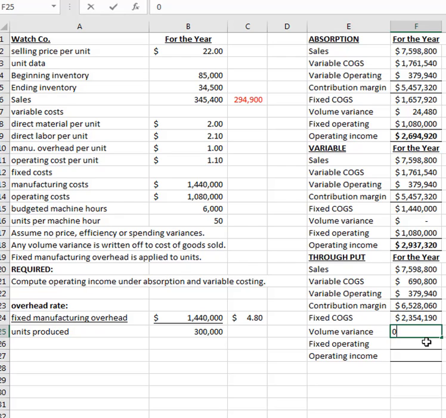There'll be no volume variance. Fixed operating is the same. And then the calculation of operating income is the same. So throughput, only inventories materials. So the labor incurred during production, not based on units sold, but based on units produced, is expensed.